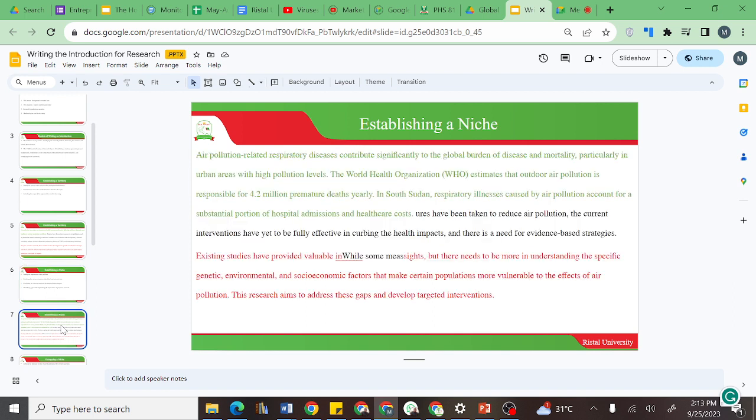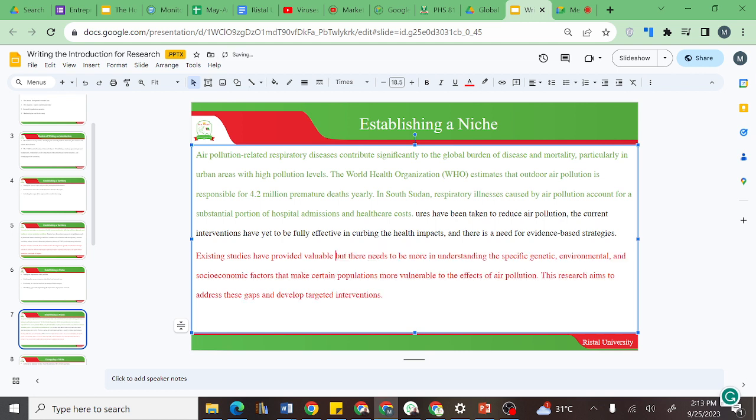So this is where we have it here. Okay? I think this work is a little bit disorganized here, but let me hope it is okay. So this red part, and then this part, stating how big the problem is at the global stage, and then you narrow it down to the regional figures and then to the national figures, and then stating the gaps within and what really needs to be done.